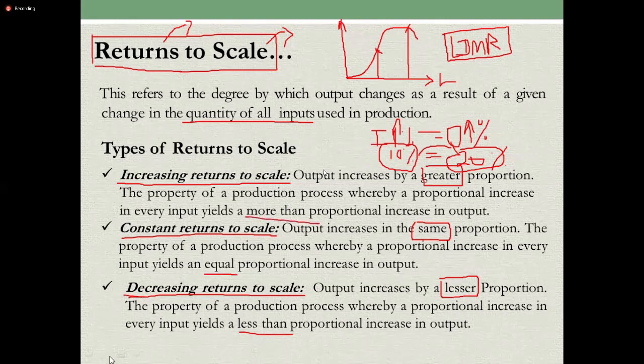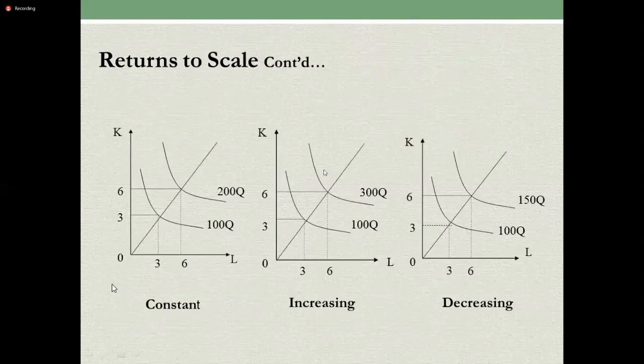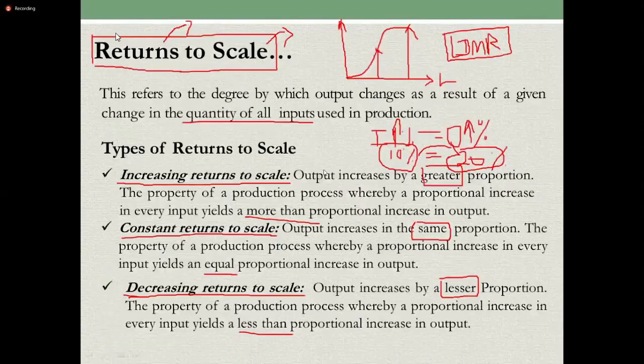Returns to scale. You need to identify why this returns to scale concept needs to be discussed. The first thing is what is meant by the returns to scale concept, and then the types of returns to scale.